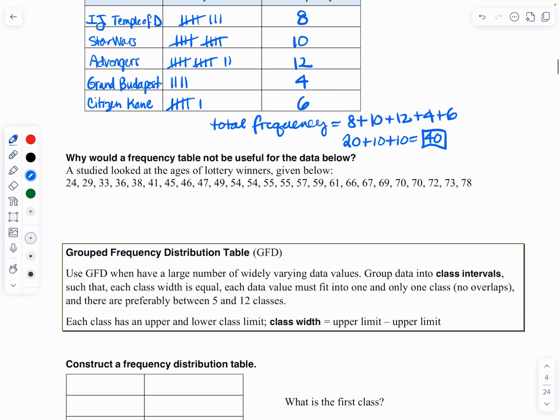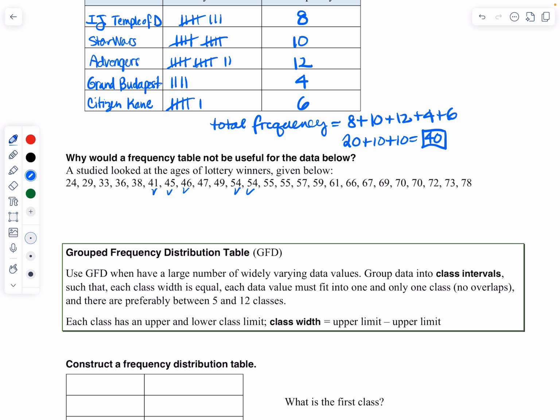Why would a frequency table not be useful for the data below? A study looked at the ages of lottery winners given below: 24, 29, 33, 36, 38, 41, 45, 46, 47, 49, and so on. If you look through this, a lot of these have only one person in their age group.